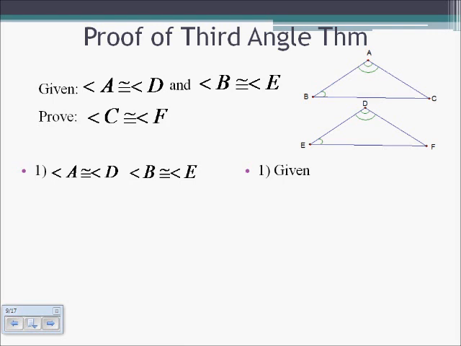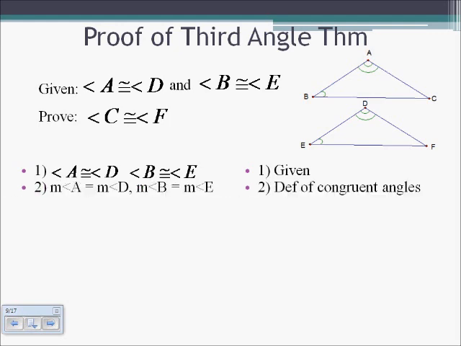Knowing what we know, if angles are congruent, we know that angles are equal. Congruency implies equality, so if the angles are congruent, they're equal to each other by the definition of congruent angles. Now what we have is triangles, and we're trying to show that angles within a triangle are congruent.